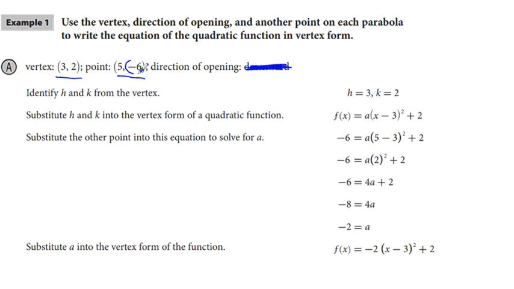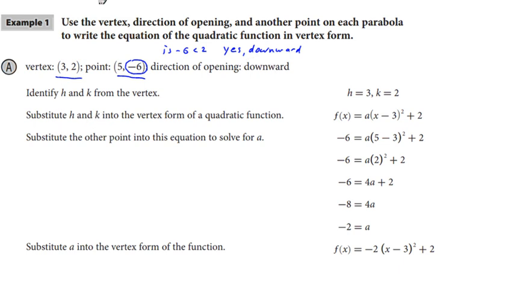Is -6 less than 2? Yes. So it's a downward opening parabola. So we didn't have to know upward or downward.